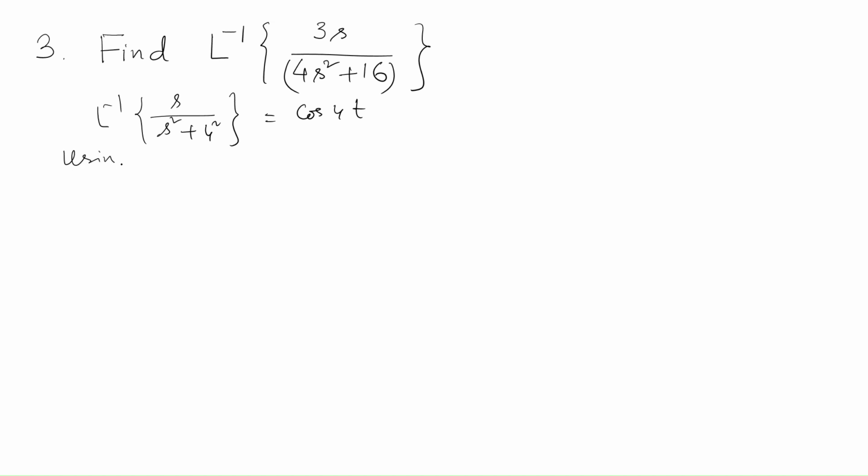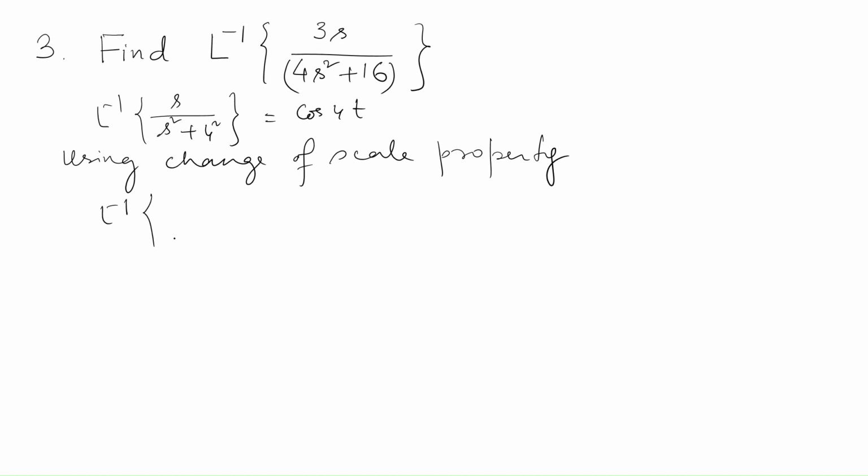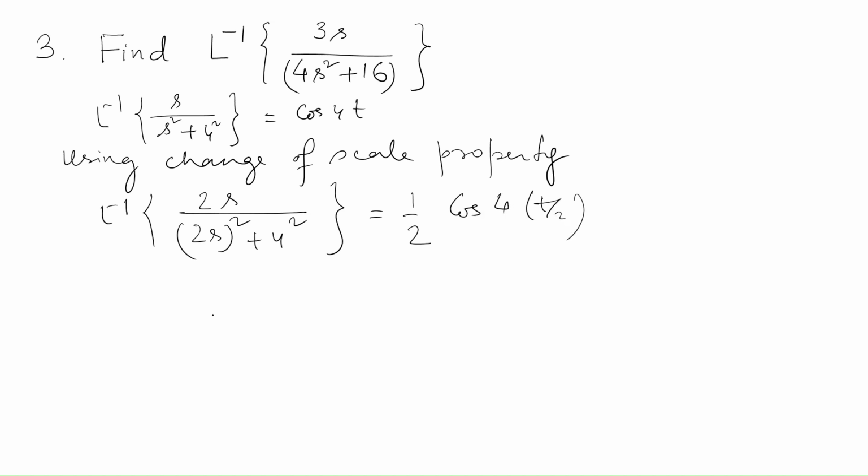Using the change of scale property, the inverse Laplace transform of 2s by (2s) whole square plus 4 square will be half cos 4t by 2, that is half cos twice t.